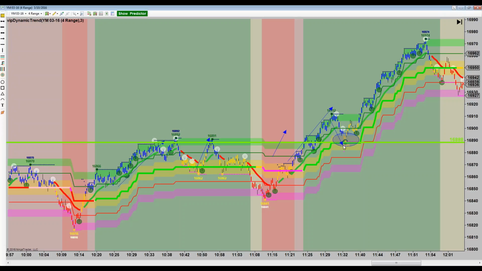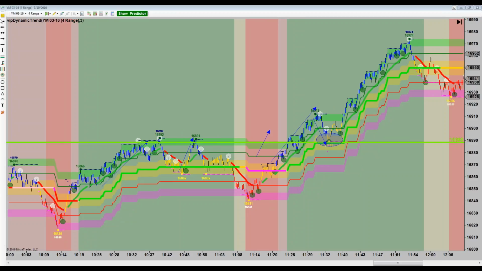That's a good way to think of it, right? You're ascending or descending a building. Think of the ceiling as the resistance level and the floor as the support level. And so when you see price action, you can make note of the fact that you're going from more or less floor to ceiling. Now, it doesn't always work perfectly. Sometimes it's close, sometimes it's off a little bit. Let's look at a couple other areas. How about a little swing right in here?